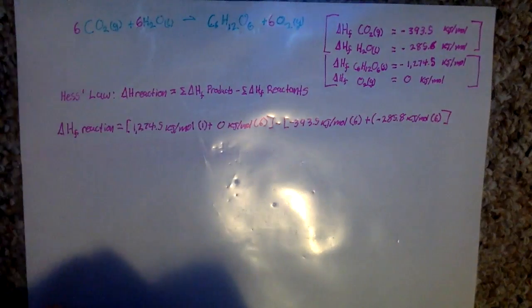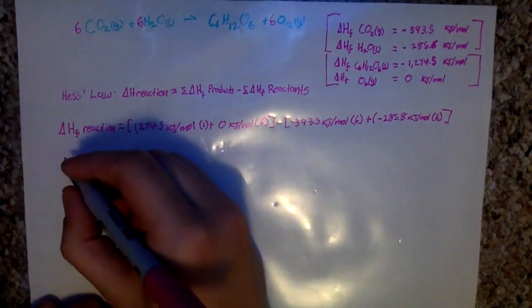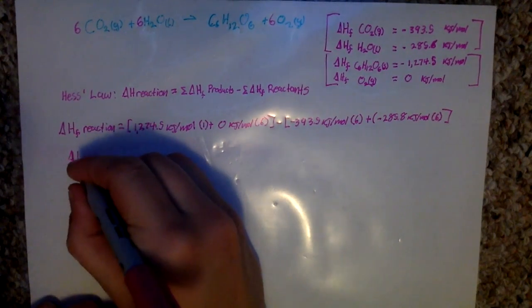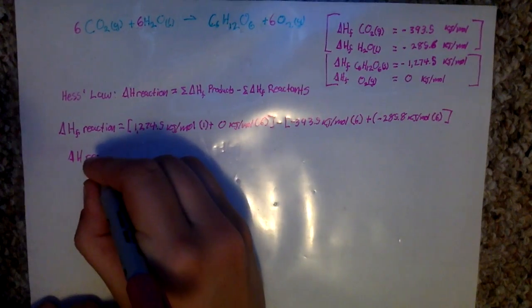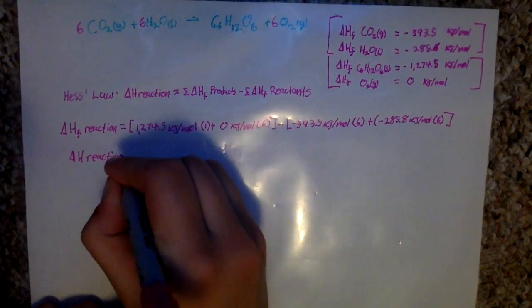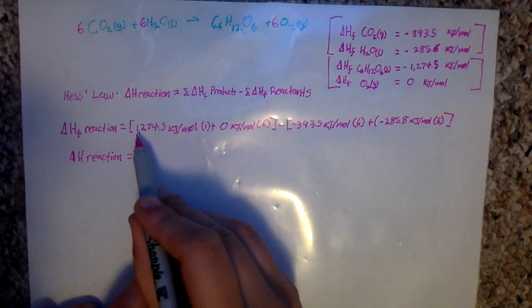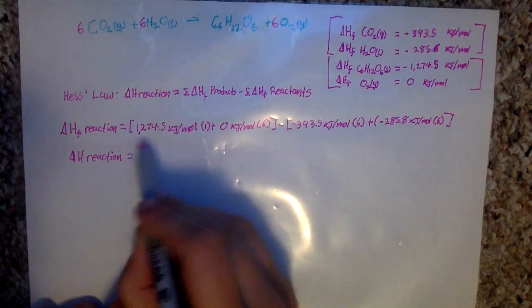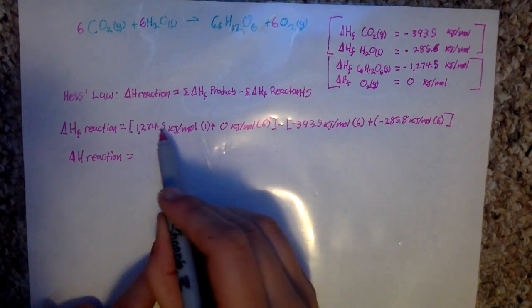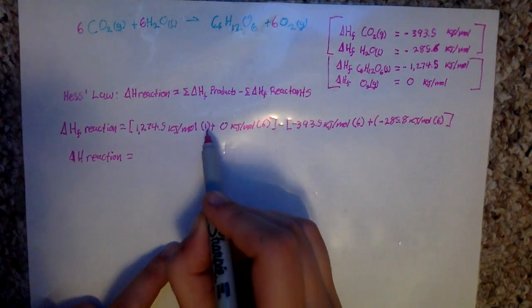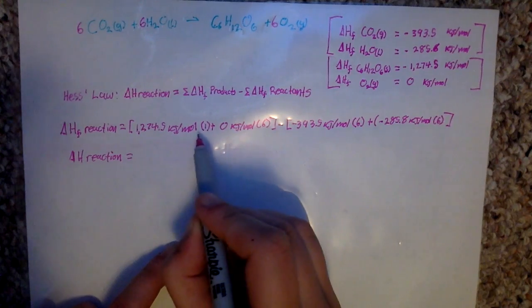So all we have to do from here is simplify. And so we have our heat of reaction. It's going to be equal to our products. And so let's simplify that. Here we have the energy associated with our sugar molecule times the number of moles, which is just 1, so it stays the same.